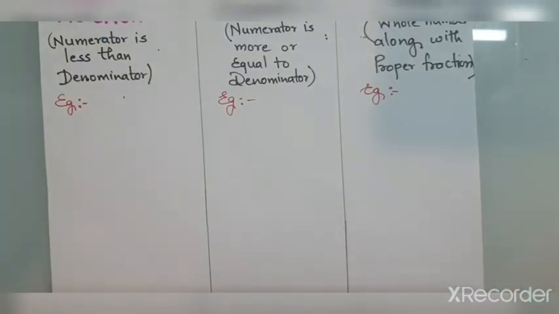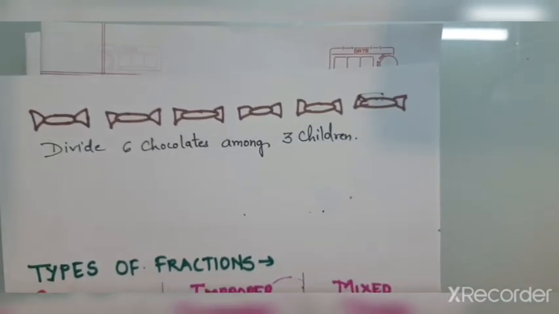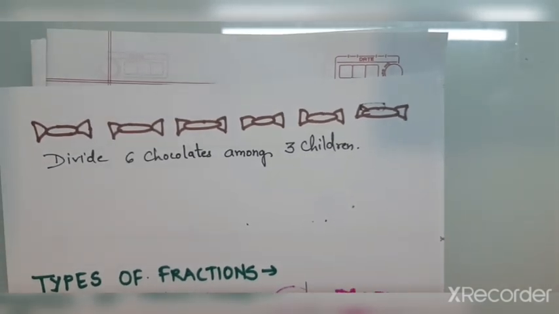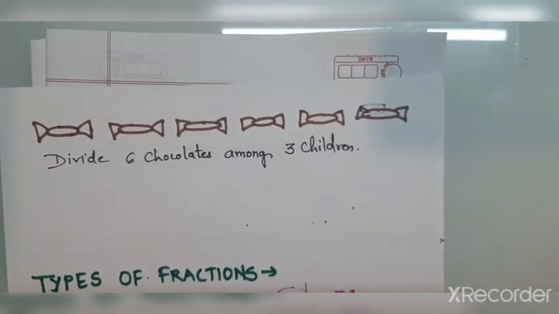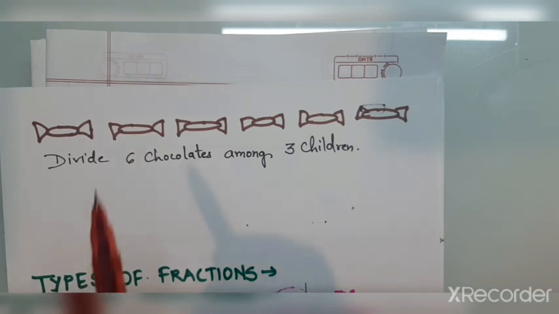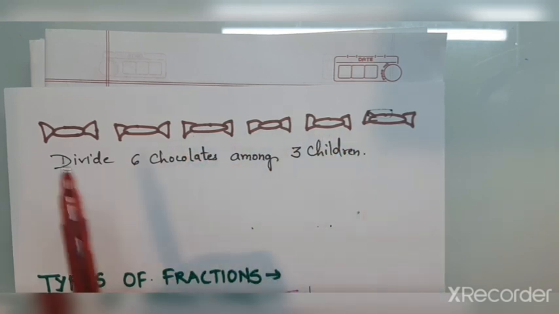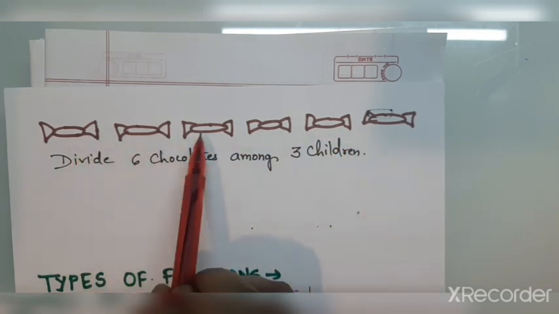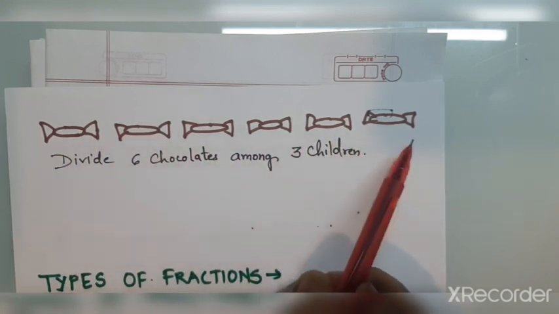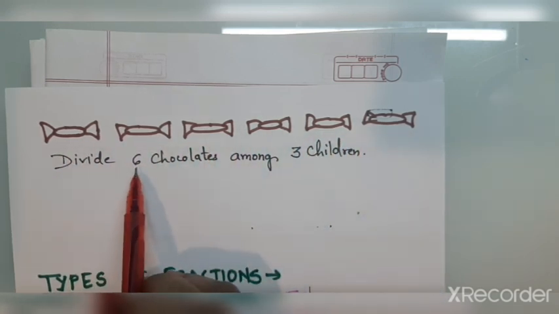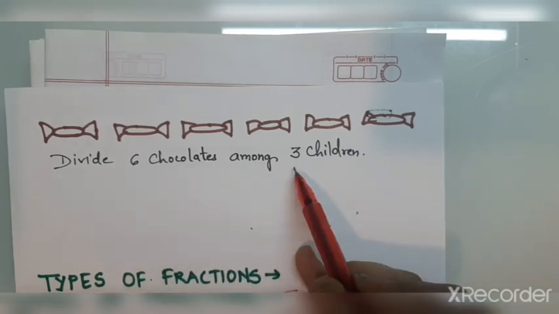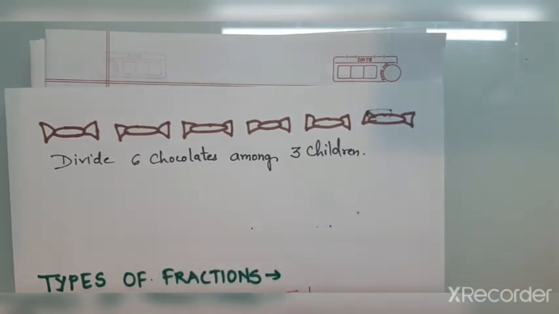Now after this, if we have to share something between a given number of things. There is an example here. I have drawn some chocolates, these are sweets. 1, 2, 3, 4, 5, 6. There are 6 sweets here. Divide these 6 chocolates among 3 children. We will take all those 6 chocolates and divide among 3 children, giving 1, 1, 1 to each.